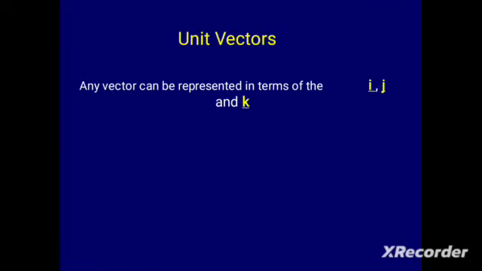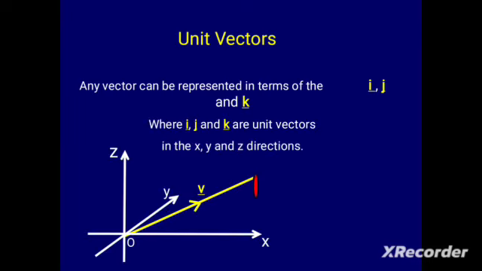So those are the unit vectors, which take these three letters i, j, and k.